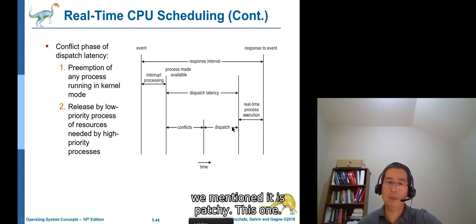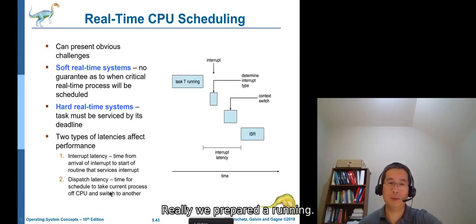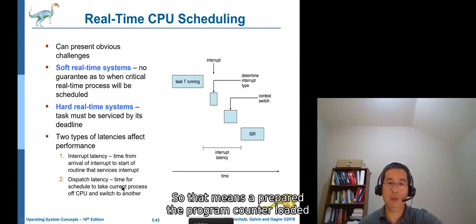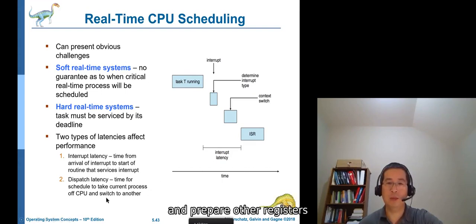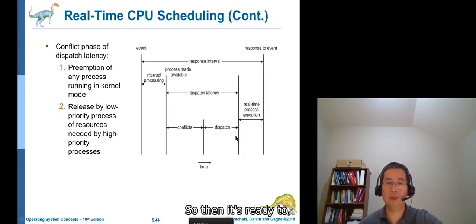So after that, it will do the dispatch. We mentioned the dispatch is this one. Okay? Really, we prepare the running. So that means prepare the program counter, load it to the position to run for the new task, and prepare other registers to save temporary variables and so on.